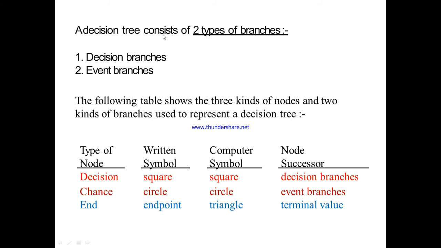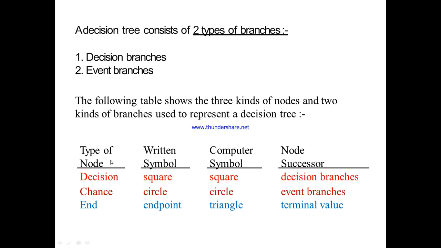A decision tree consists of two types of branches: decision branches and event branches. The following table shows the three kinds of nodes and two kinds of branches used to represent a decision tree.